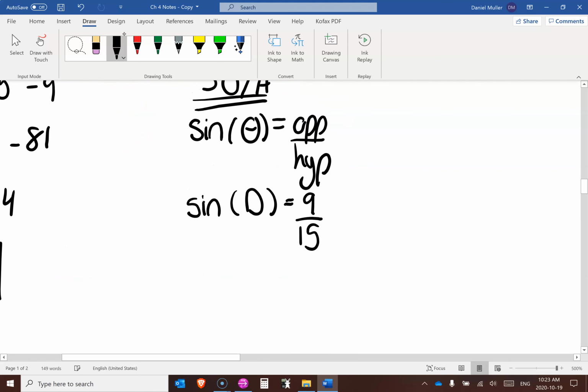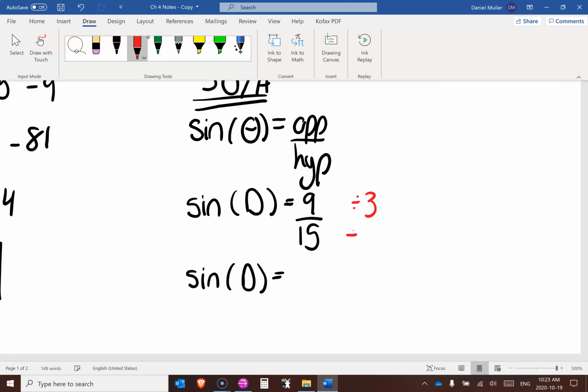Now 9 over 15, you might be wondering, what on earth is 9 over 15? Well, you can reduce that. What can they both be divided by? They can both be divided by 3. Which would give me 9 over 3 is 3, 15 over 3 is 5, which is 3 over 5.